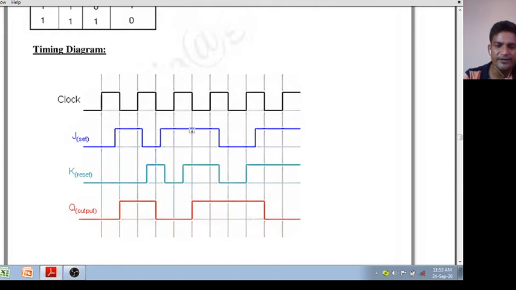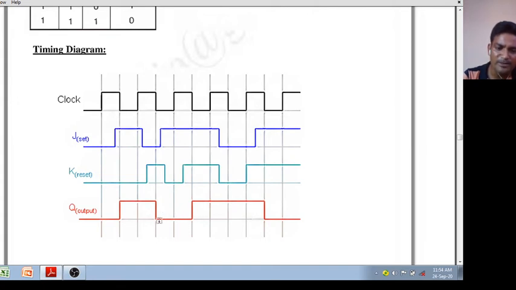Now again check at this edge. What is the value of j? It is 1. What is the value of k? It is 1. Now you know, 1 1 is toggle condition. Toggle condition means Qn+1 equal to q bar. So what was the last value of q? This is 0.